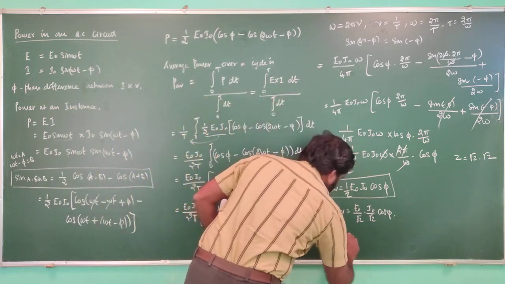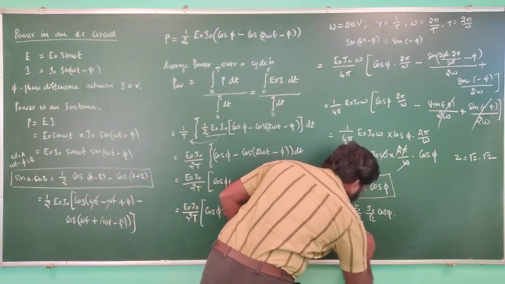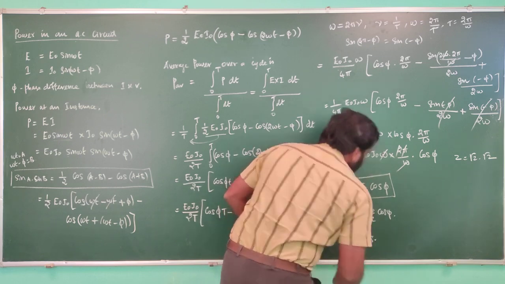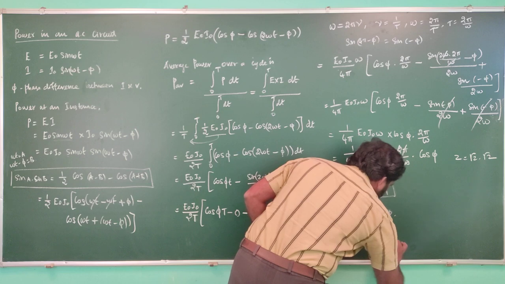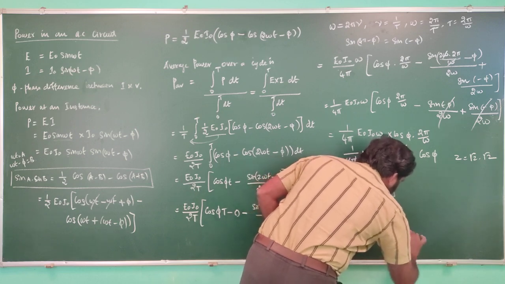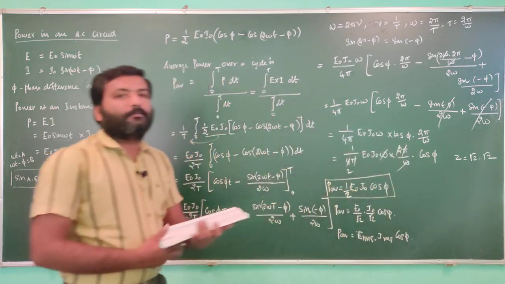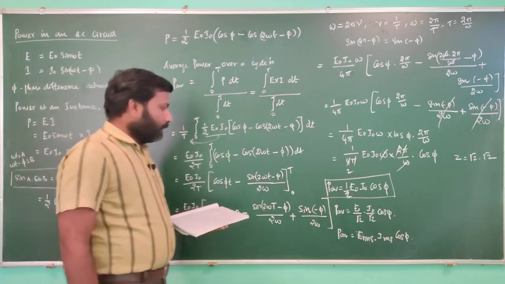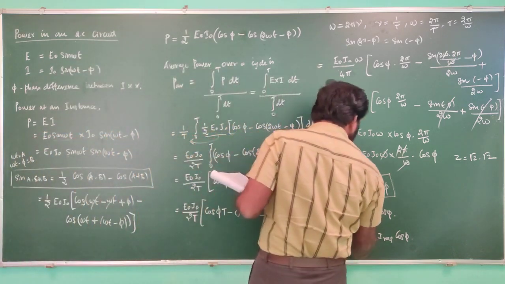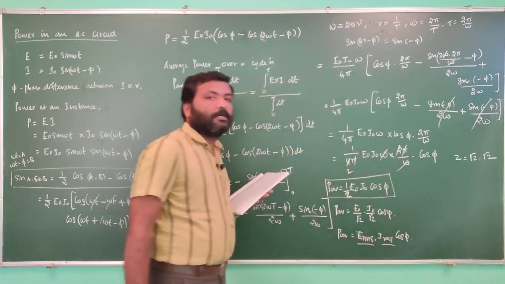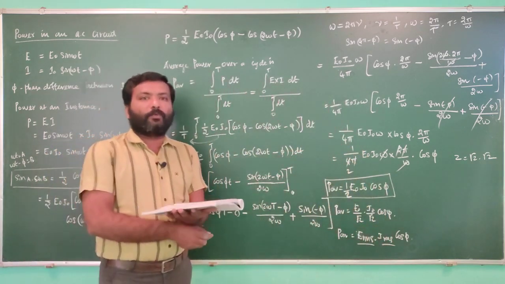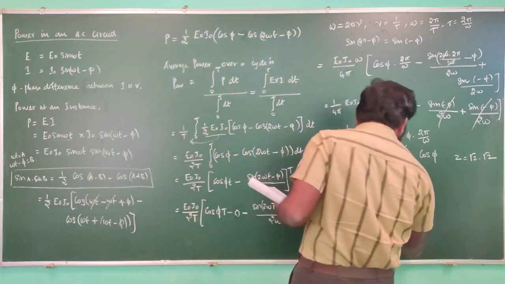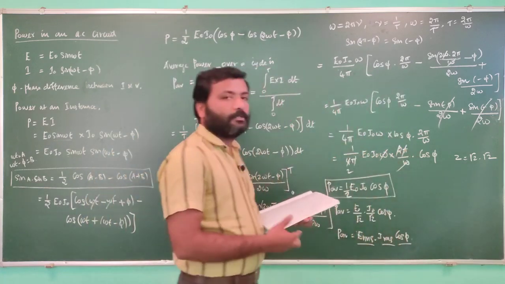So we can write P average equal to E RMS, similarly I RMS into cos pi, right? So here this E RMS and I RMS are said to be virtual voltage and virtual current, and this cos pi is called power factor.